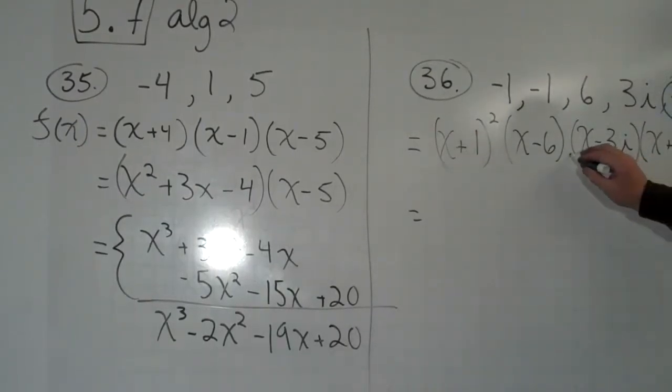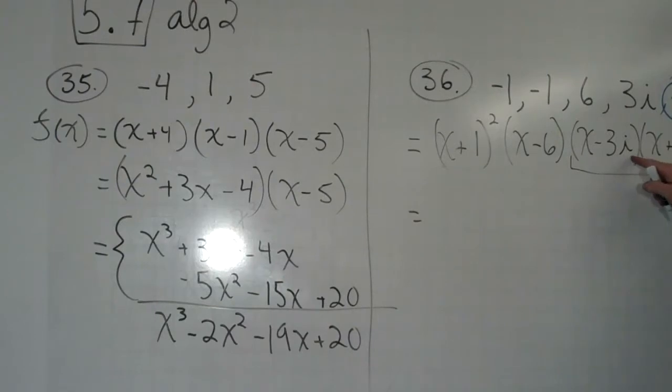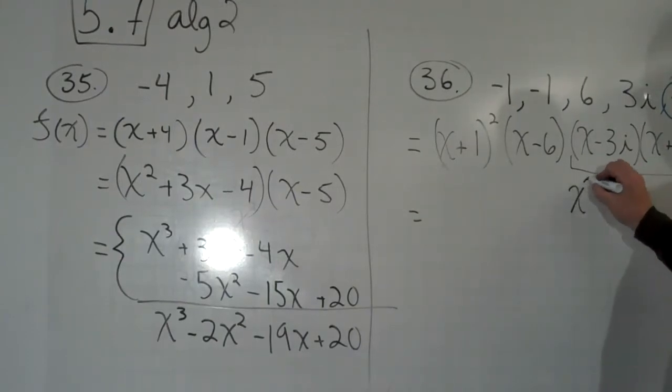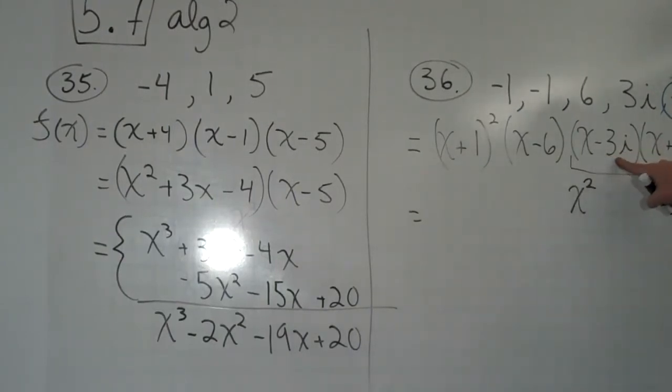I'm going to start with these two because this is going to give an interesting result. If I FOIL this, I'm going to get x squared minus 3ix plus 3ix. That goes away. And then -3i times positive 3i is -9i squared.